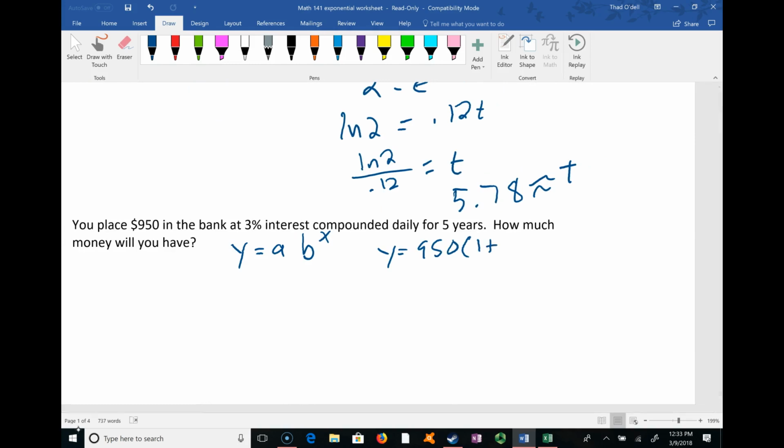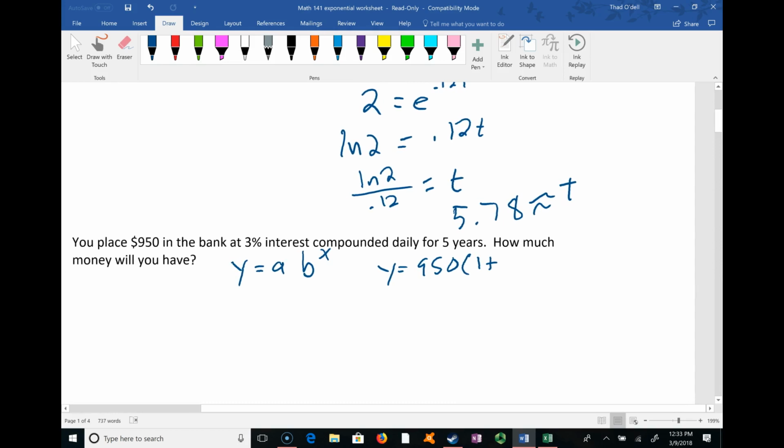Now 3% interest, when in a bank account they quote you 3% interest, that refers to the annual interest rate. They're not giving you 3% a day. So we have to adjust that to the daily rate. The way we do that is we take the 0.03 and we divide it by 365, because there's 365 days in a year.